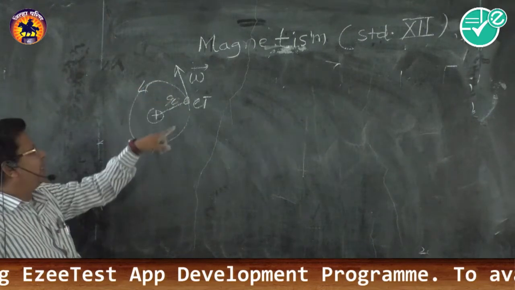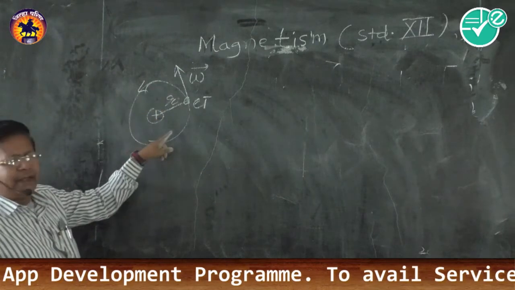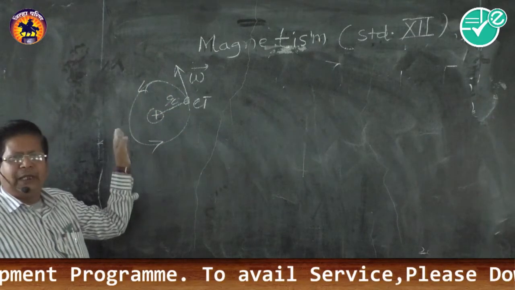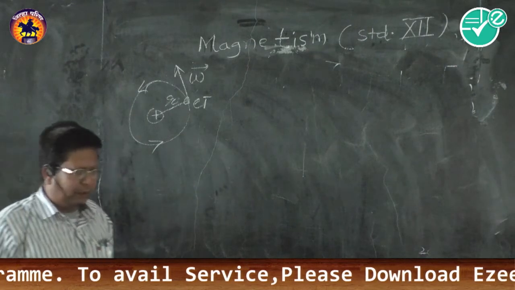The direction of electron is anti-clockwise, therefore current flows in the loop in clockwise direction.